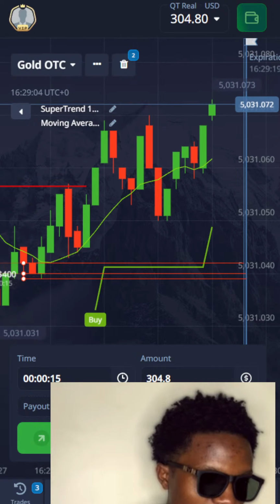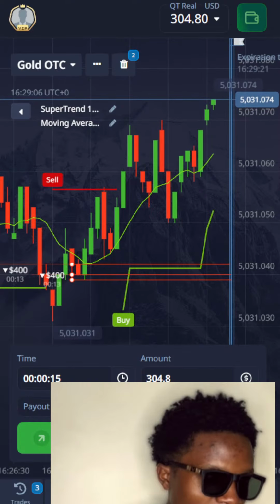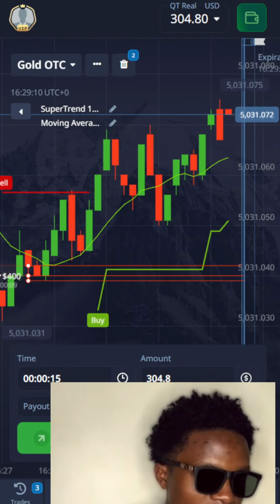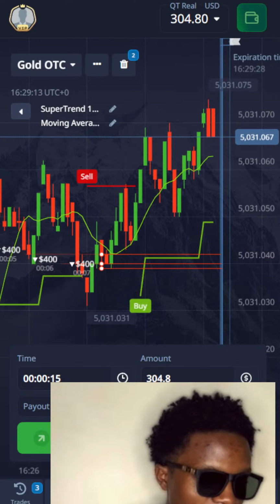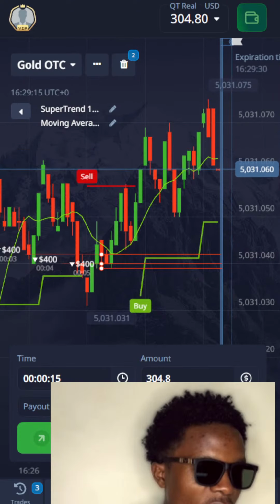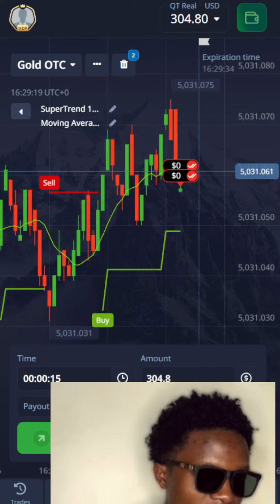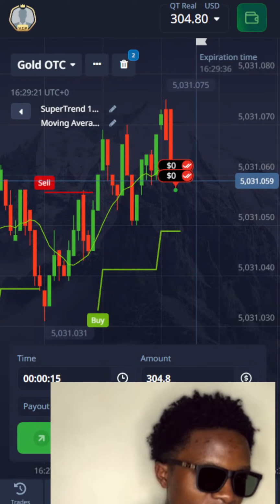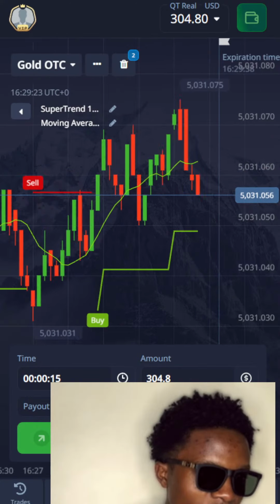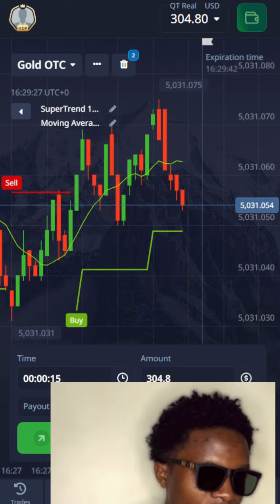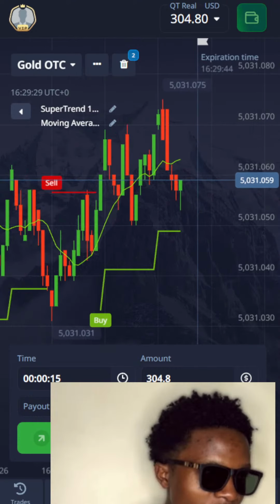Let's look for another entry point. We haven't gotten that break of structure. We need a clear break of structure again to take any trade. Oh, we even lost the other 2 minute trade. So we have lost 3 trades so far. Wow, that's terrible.